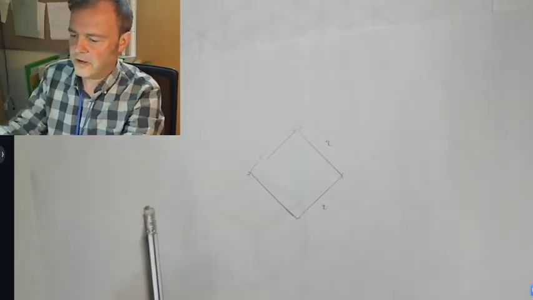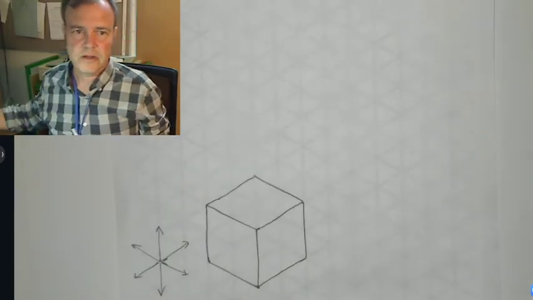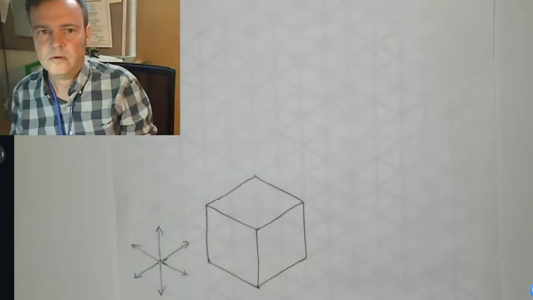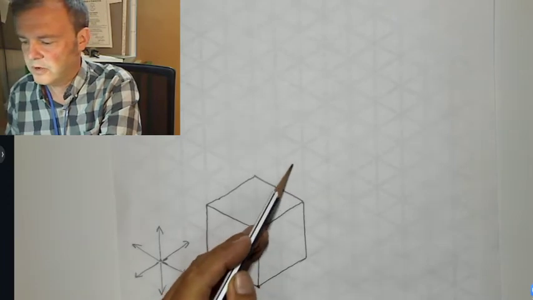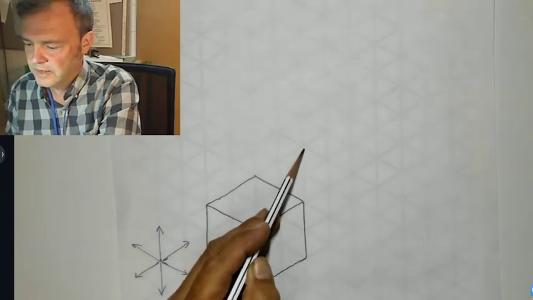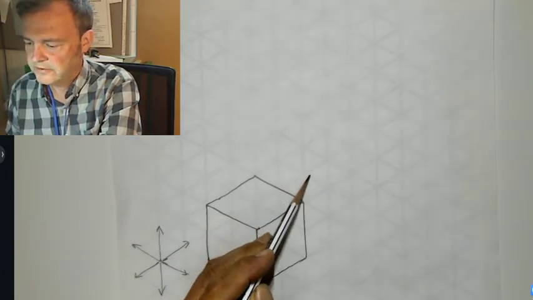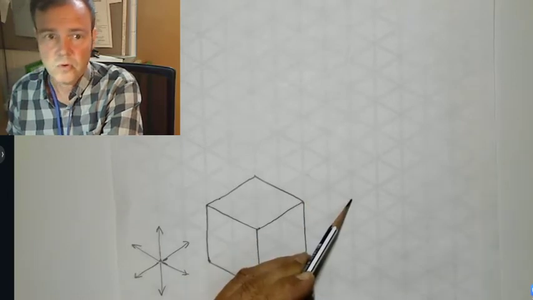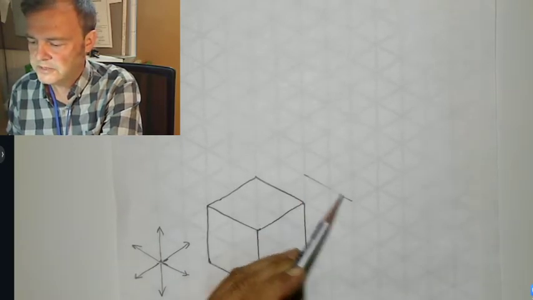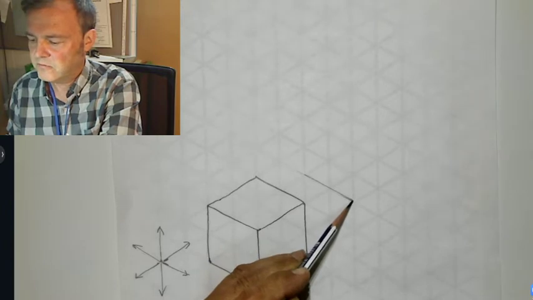So a different way to draw the same drawing is to begin by drawing the footprint. And the key here is anytime we're drawing a footprint, we do not allow ourselves to make any vertical lines.